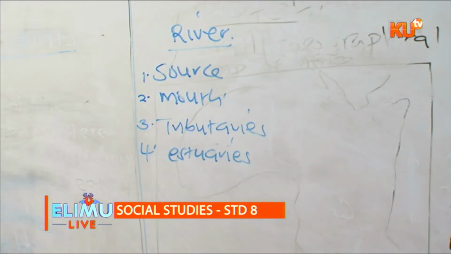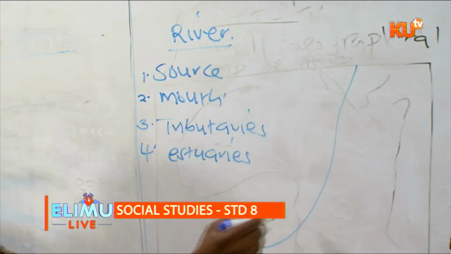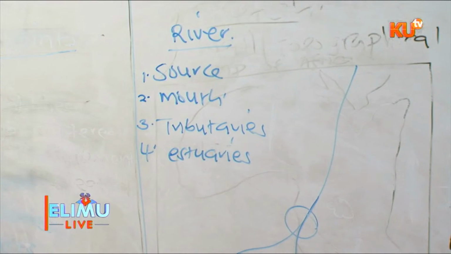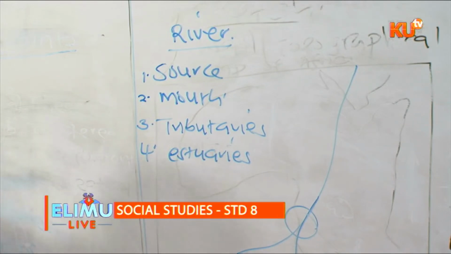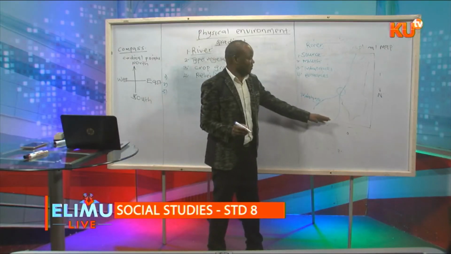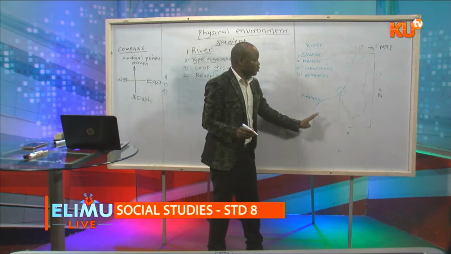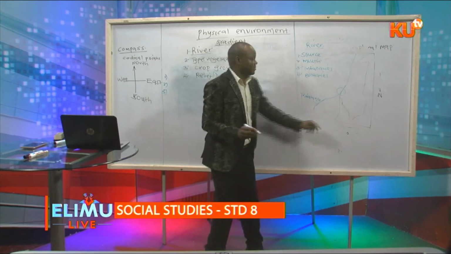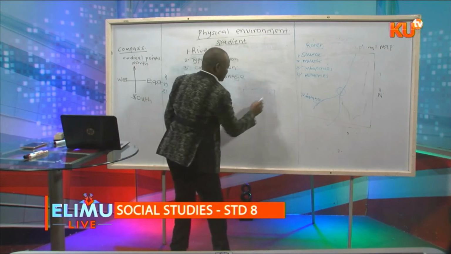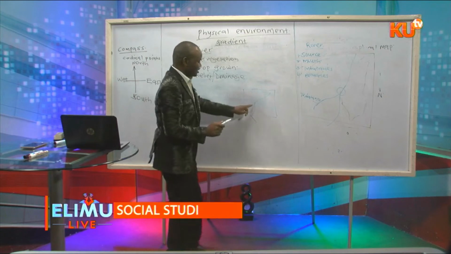So when I draw this one, of course this is a river. This is the middle part at which these are the tributaries. And tributaries always originate from the source. So the source of this river is at this particular place. So when I write my map here, then I write this river. Of course, this is the source.